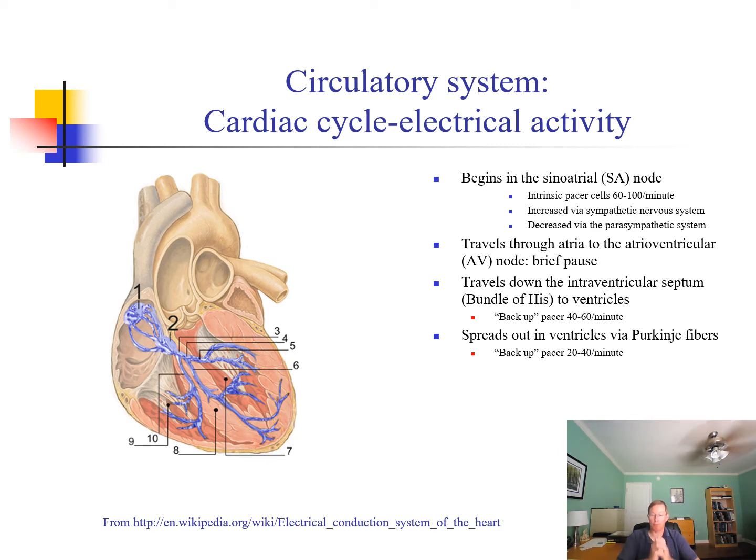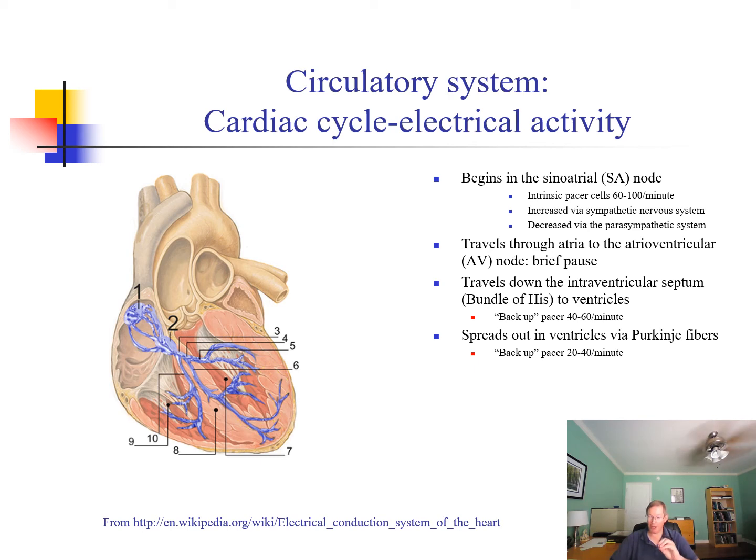And then there's a brief pause. The reason for this is so that you get one signal that's going forward from that time, because there'll be slightly different time frames for the electrical signal to go from the SA node down to the AV node. If it takes a short path directly, it'll arrive there first, as opposed to one that will take a little bit longer path.